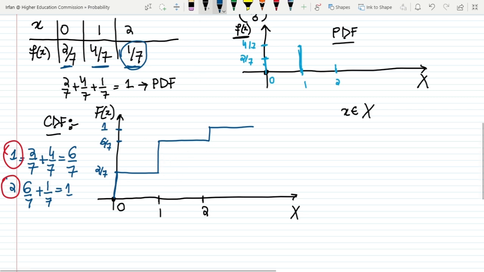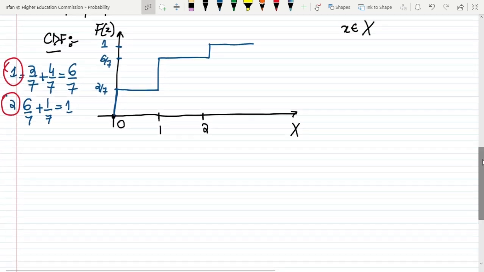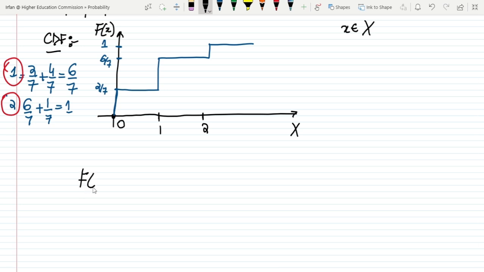Now let me write it mathematically, and let me move down somewhat more. Here this would be F of x. And this F of x would be what?